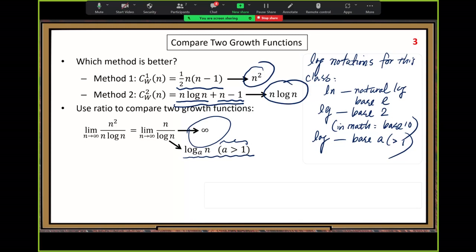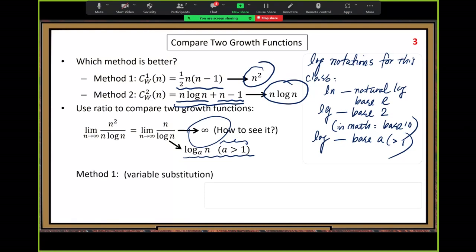So there are two different ways to see why the limit of n over log of n, when n goes to infinity, is infinity.